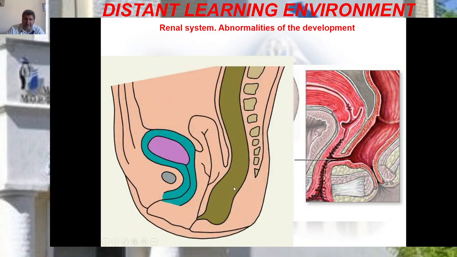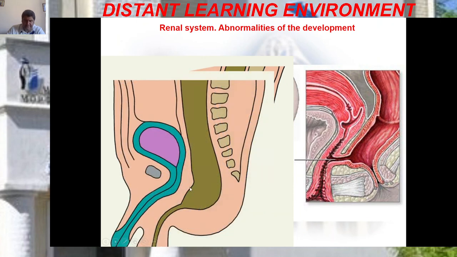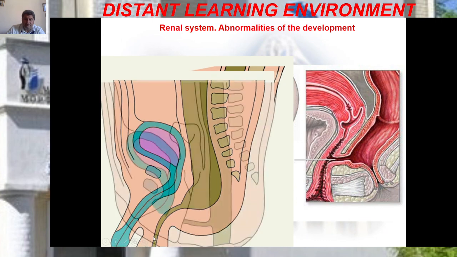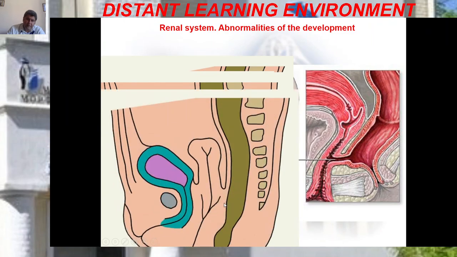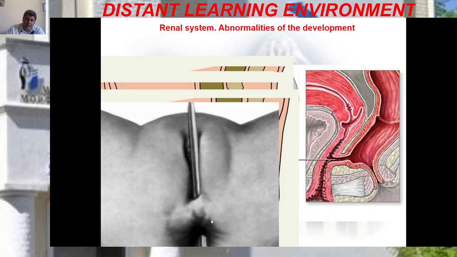And also you may see the opening of rectum in vagina, in female. Also you may see the opening of rectum in scrotum, and opening and connection with vagina, and opening in its own place. You may see the fistula in this picture, the connection between the rectum and vagina in a little child.